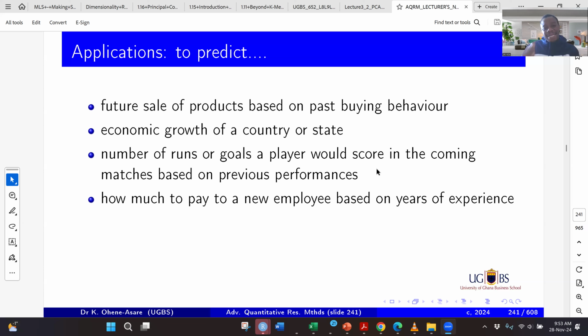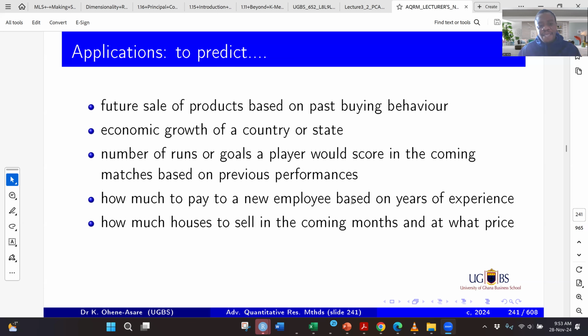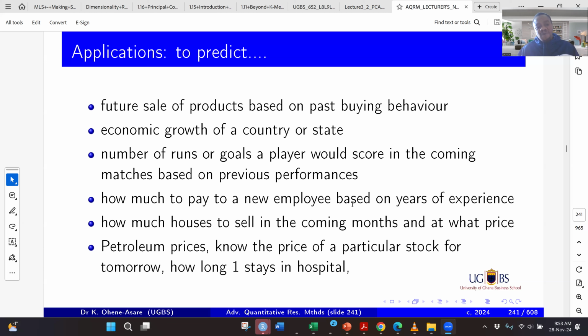You can predict how much to pay to a new employee based on the years of experience of that employee. You can use regression for that. You don't need to worry yourself. How many houses to sell in the coming month and at what price? You can use regression to predict that, to forecast that. You can use it to forecast petroleum prices, the price of a particular stock for tomorrow, how long a person will stay in a hospital.